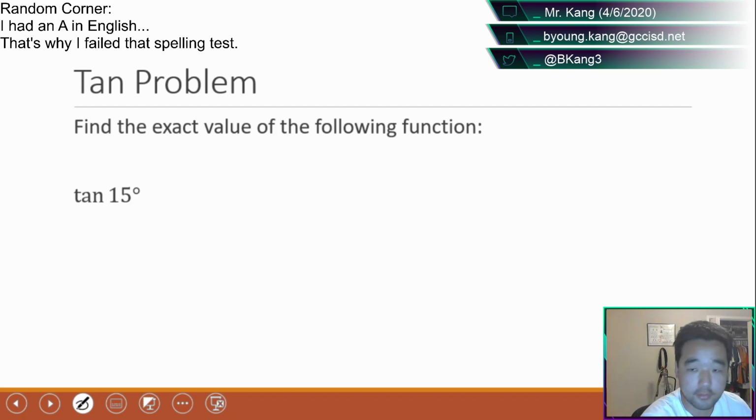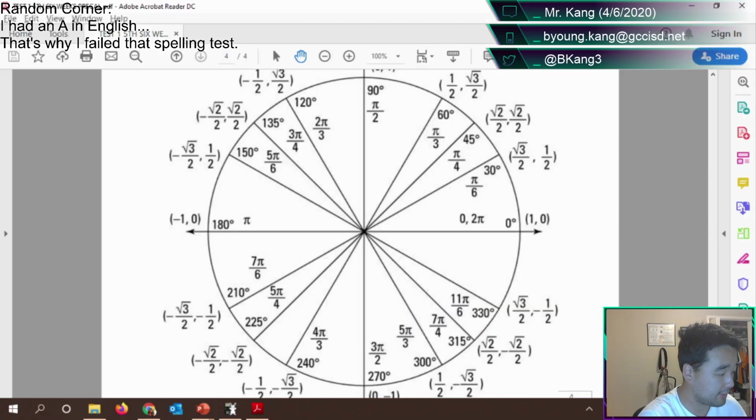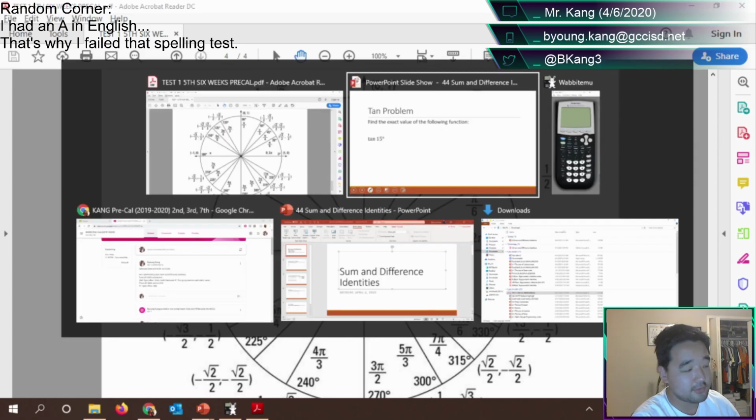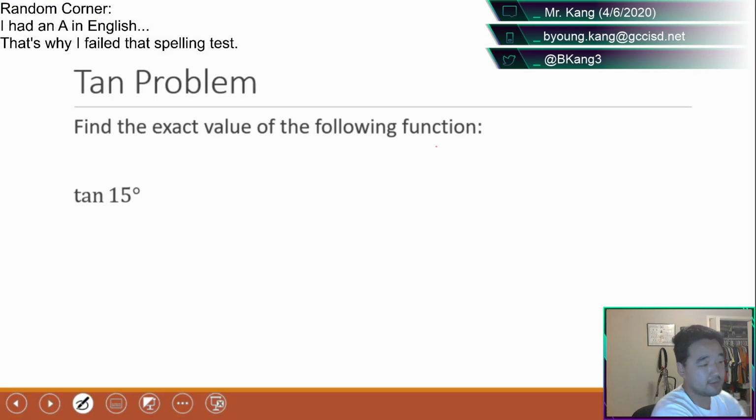So before we start the problem, I'm going to do a little bit of a quick exercise with you. I'm just going to find the tangent of those first three, 30, 45, and 60. Actually, we'll just do 0 to 90. So let's just do quadrant 1 tangent real quick. It's going to save us some time later. So I'm going to just stick it in the top right corner. I'm going to write under my overlay on purpose.